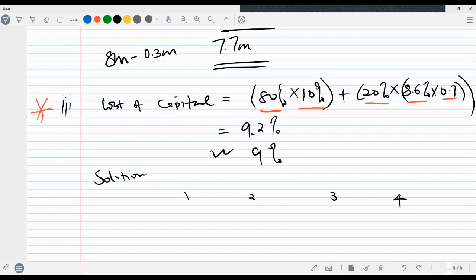Just to repeat, 80% of the money, that is 8 million, will come from equity shareholders, and they are expecting a return of 10%. So 80% of 10%. In short, they're not going to give you 100% of the money, they only give you 80%. Therefore, the cost attributable to the project is 80% of the 10%.